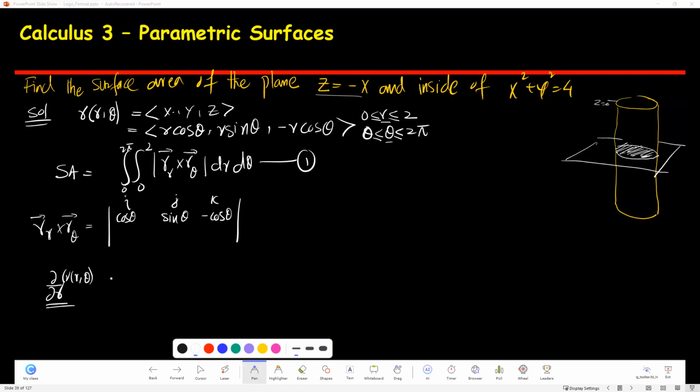When I take the partial derivative with respect to theta for this r_theta, it's going to look like this: minus r sine theta, r cos theta, and r sine theta.